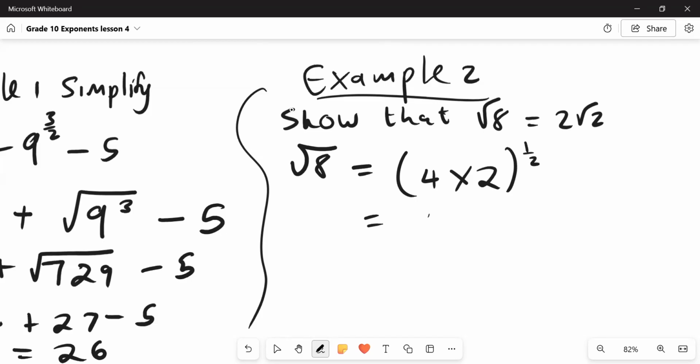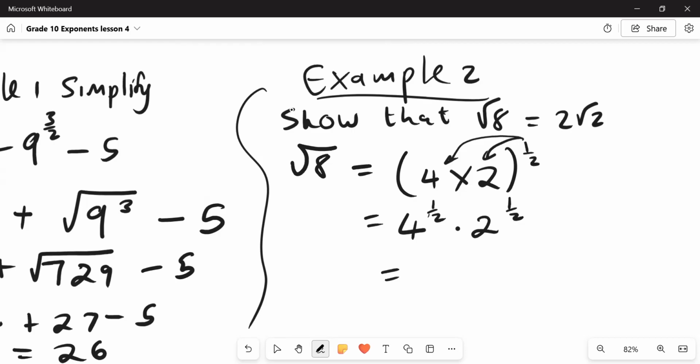And then from here, we distribute. So you'll have your 4 to the power of half times 2 to the power of half.